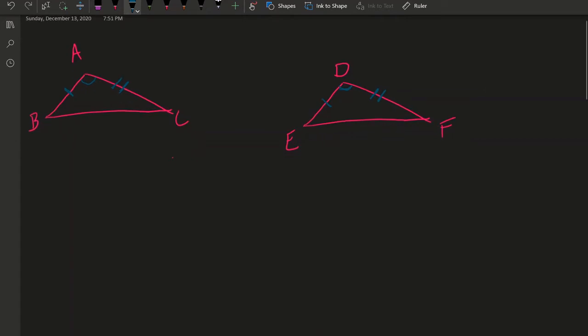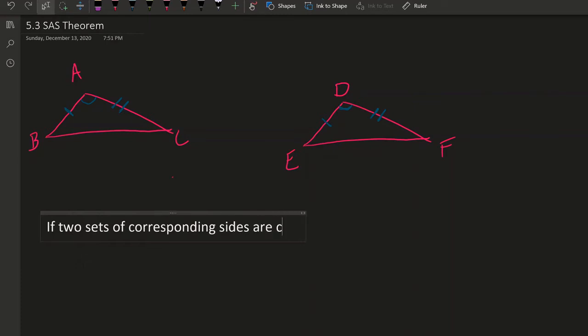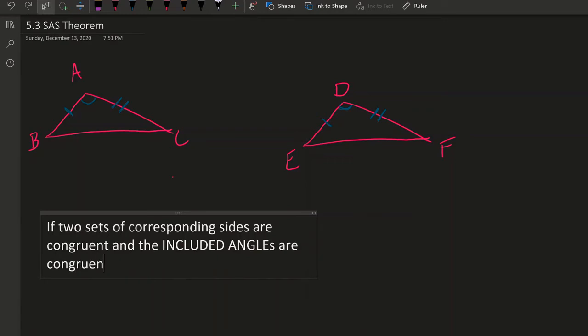So what we would say here is that if 2 sets of corresponding sides are congruent and the included angles are congruent, then the triangles must be congruent.